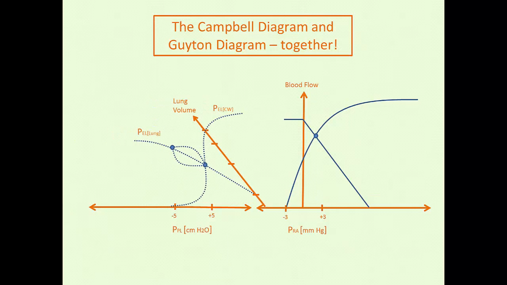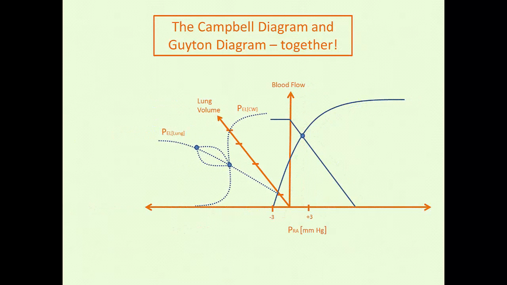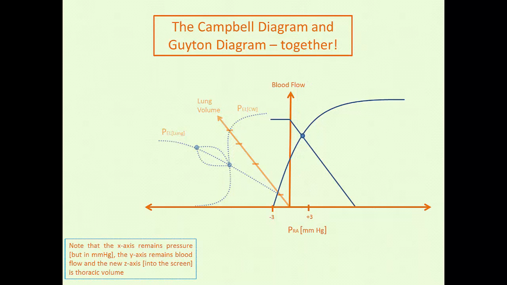Pretty serious. Drop the Campbell diagram to the Z-axis, keep the Guyton analysis on the XY axis, and now you, my friend, have a very powerful tool in your mind, and that is how changes in intrathoracic pressure as a consequence of changes in lung elastance, which is a common pathophysiological problem in the ICU, changes in airway dynamics, which is a common pathophysiological process in the ICU, and changes in chest wall elastance affect changes in intrathoracic pressure on the x-axis, which then can be tracked by the cardiac output curve, as we just saw in those previous slides.